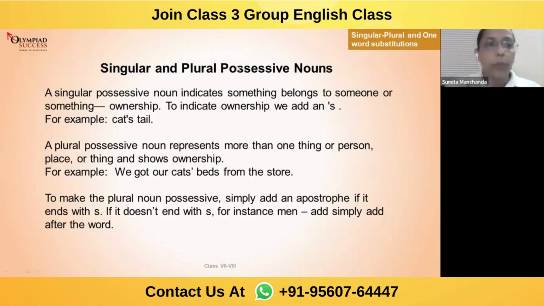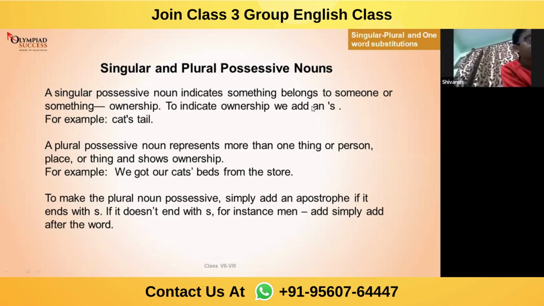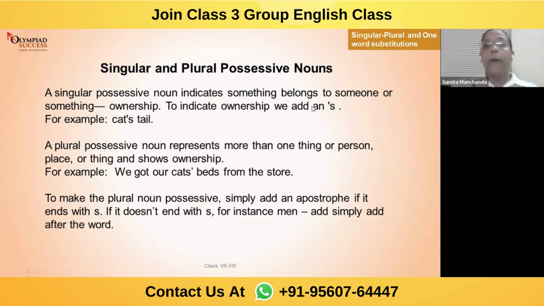Now, when we talk about the word possessive, it means possession, that means belonging. Anything that belongs to me or to you or to someone else. To indicate ownership, we add an apostrophe s, for example, cat's tail.